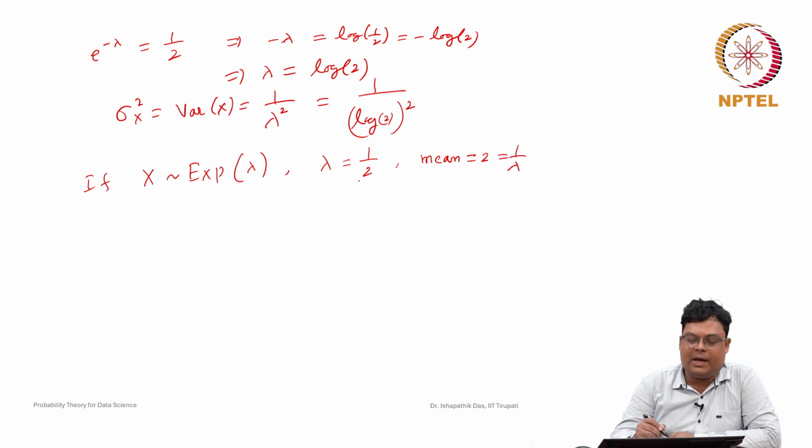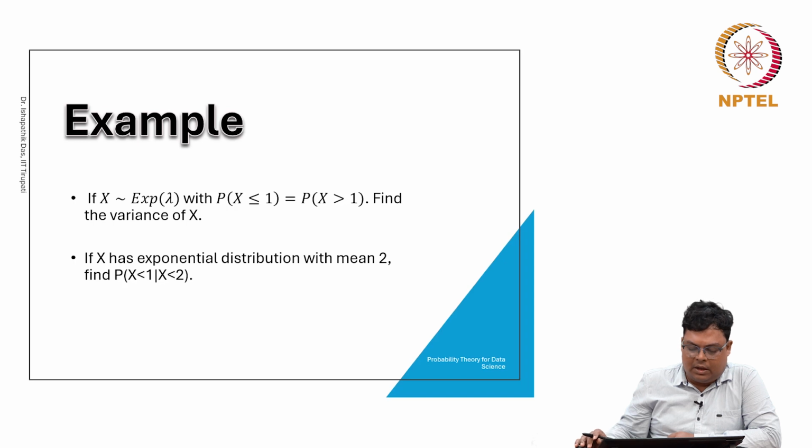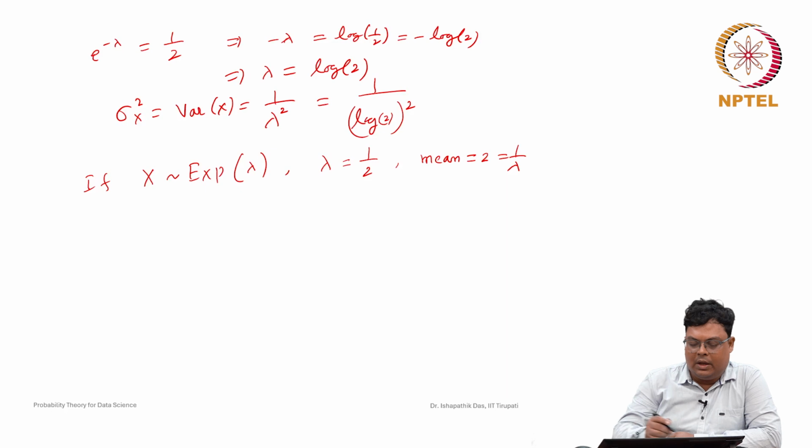From here we find that lambda is equal to 1 by 2. Now, when X has an exponential distribution with parameter lambda, it is asked to compute the probability that X is less than 1 given X less than 2.